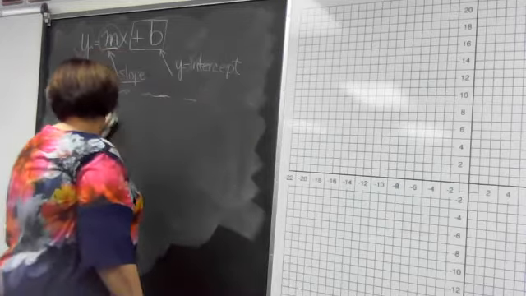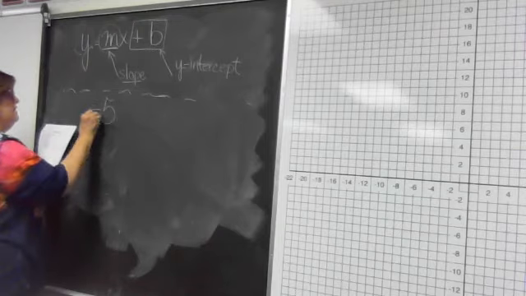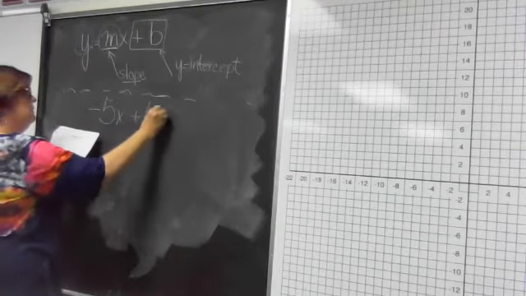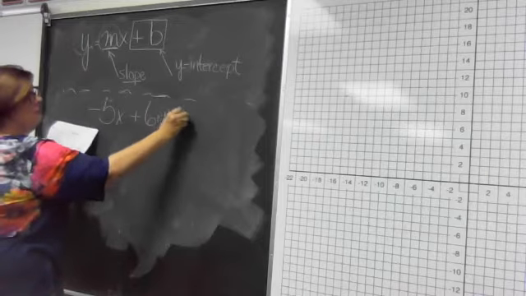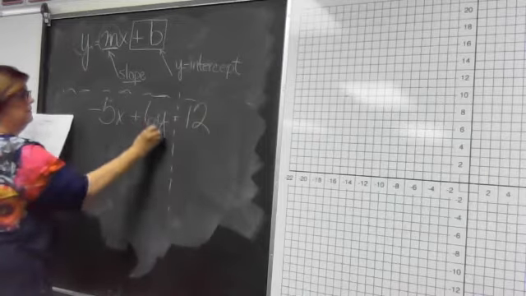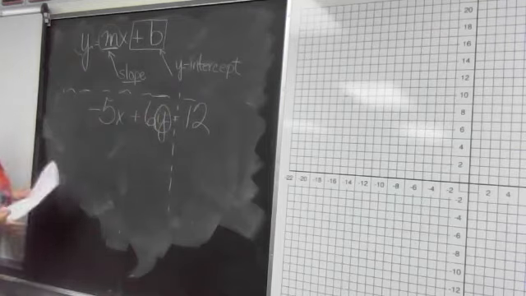Not the y, the x intercept, but the minus 5x. All right, let's just do it. Okay, negative 5x. This is number 2 on your worksheet. All right.